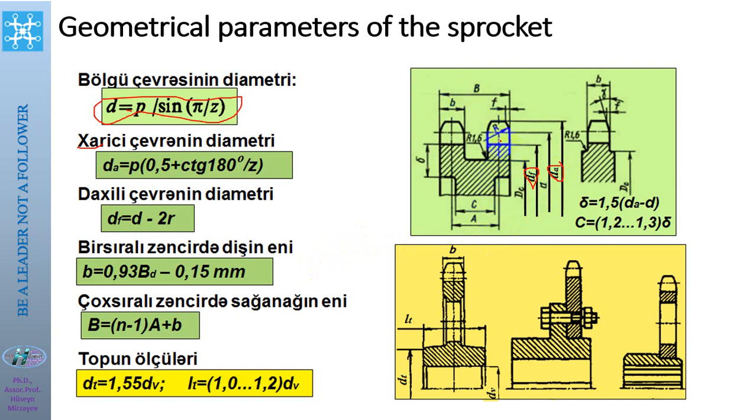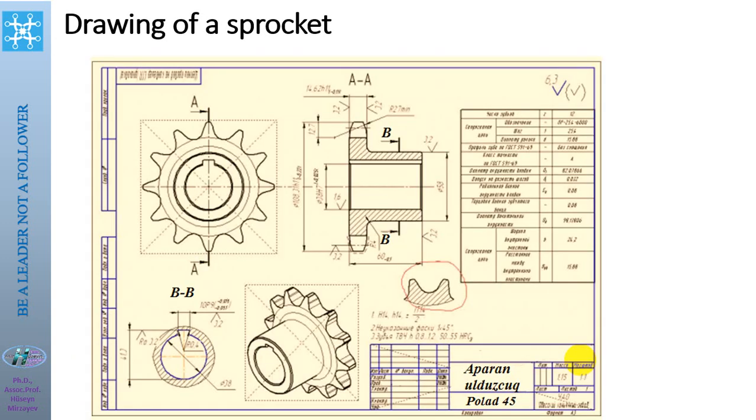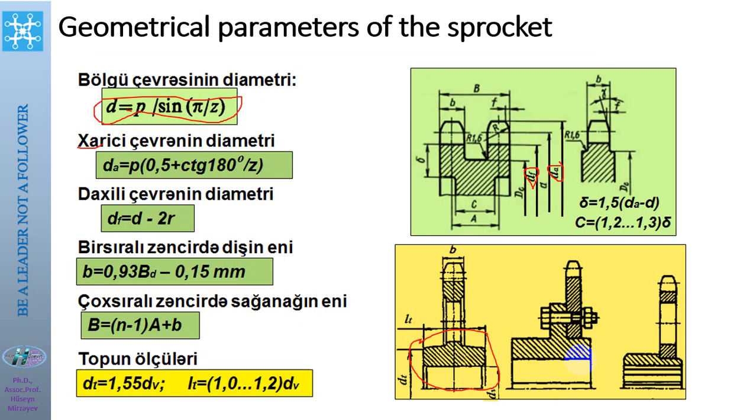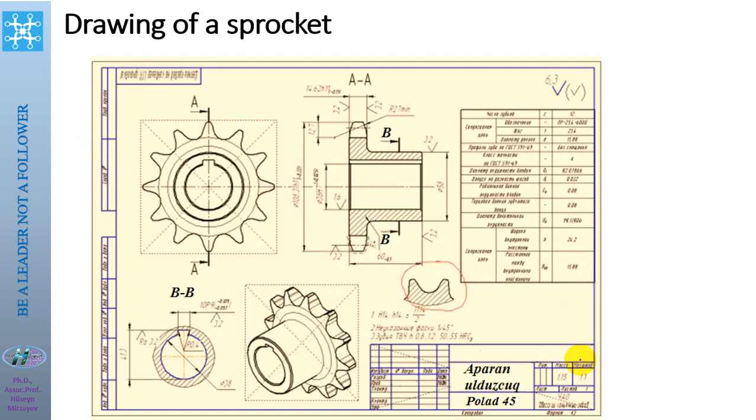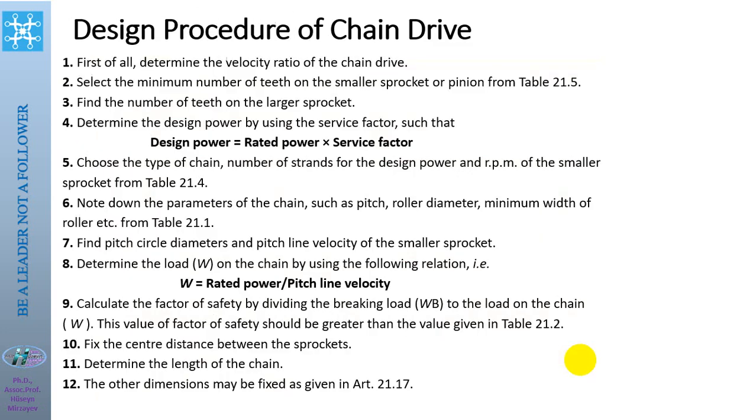This width depends on the construction of the chains, and hub dimensions, hub length also calculated depending on the diameters of the shaft. This is a drawing of the smaller sprocket.